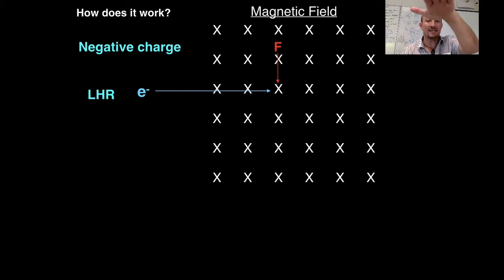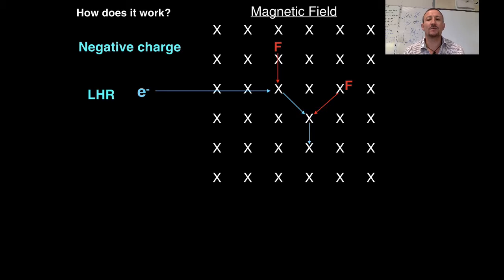Now that force is acting at 90 degrees, pushing it straight down. The resultant vector of this movement means that it generates a 45-degree angle. So now we've got the charge moving in this direction, and we've then got our magnetic field going into the page, so the result is my force is going to push it round.